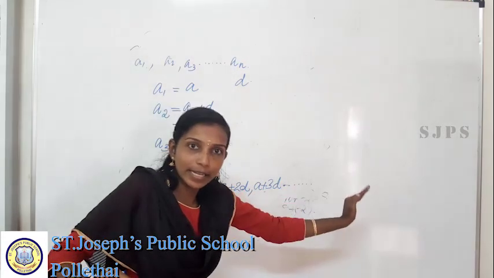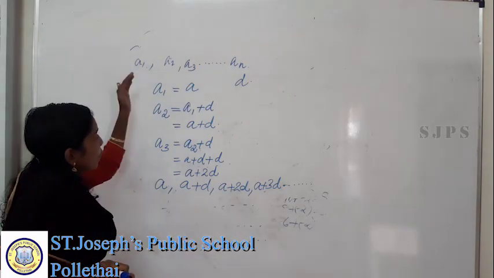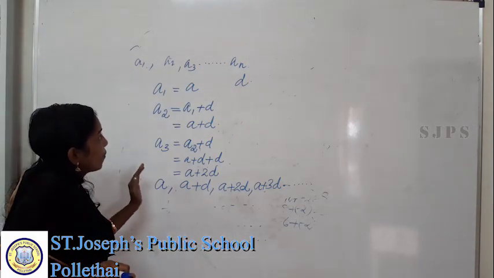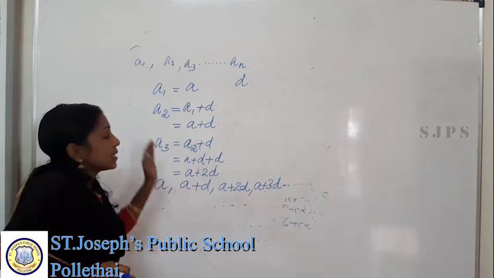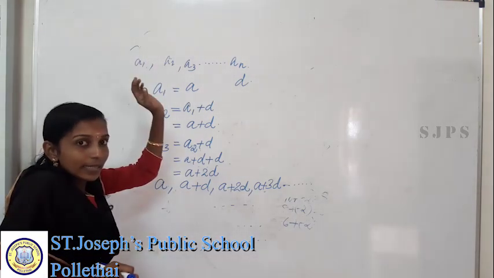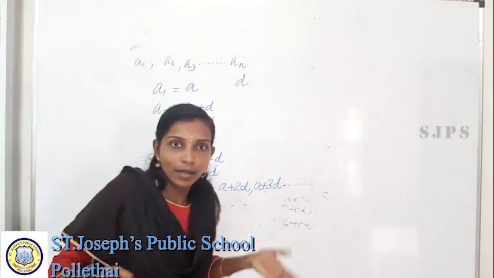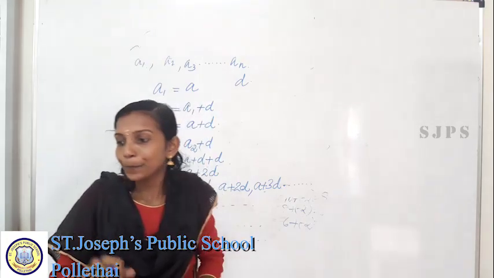To find the common difference of an AP, subtract the preceding number from the succeeding number. Take any two consecutive numbers in an AP, and we get the common difference there.